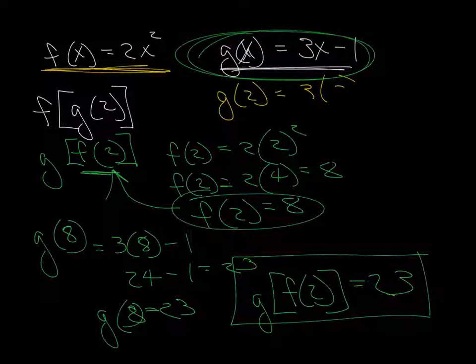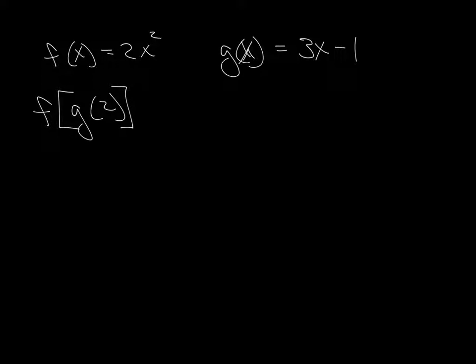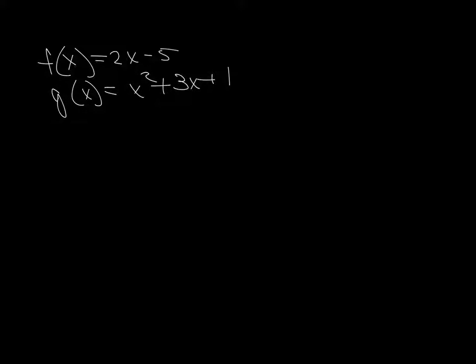Now when you get to one like number 10 in the homework, it's going to be a little bit different, not much, and I've just got a minute to do this. We're given f of x equals 2x minus 5, and g of x equals x squared plus 3x plus 4.